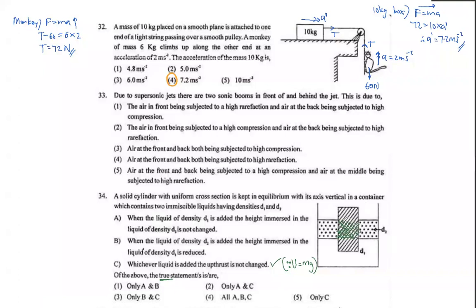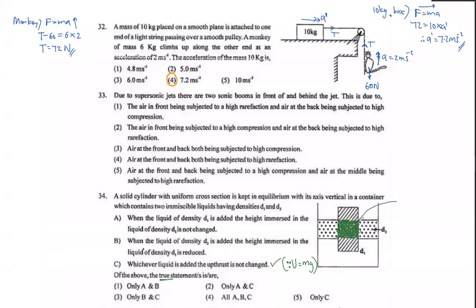That can't change. As long as the height of D2 doesn't change, this part cannot change. Correct? If you maintain the height of D2 constant, the part I have highlighted in green is going to remain constant. That means the upthrust created by this part will be constant. Therefore, the bottom part also can't change.